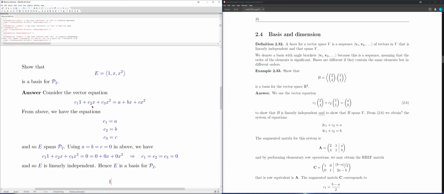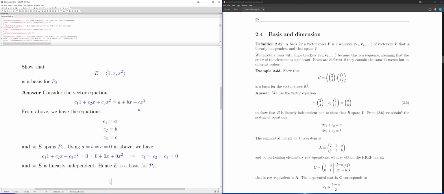Okay, so at this point you say the a, the b, and the c are more or less fixed, and you try to figure out whether I can get a c1, a c2, and a c3 that would give me a, b, and c over here. These are polynomials, this is a polynomial on the left-hand side and a polynomial on the right-hand side. The only way for these polynomials to be equal is if the coefficients of the corresponding powers are the same.